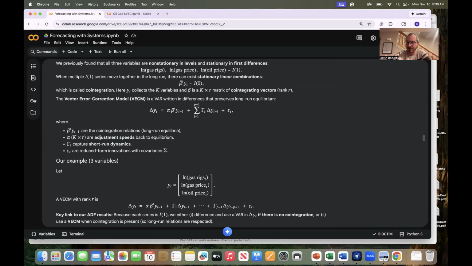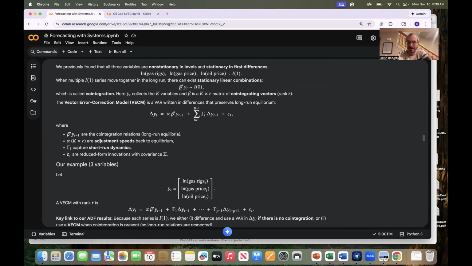So when we multiply them by coefficients, because remember this is a vector of three variables, we hit them with a vector of coefficients, and then we get a stationary combination. That's what this says right here. You should recognize this as beta transpose times y_t. That's just expressing a linear combination of our variables in general and in our example.